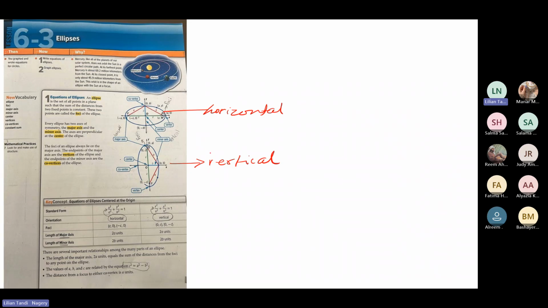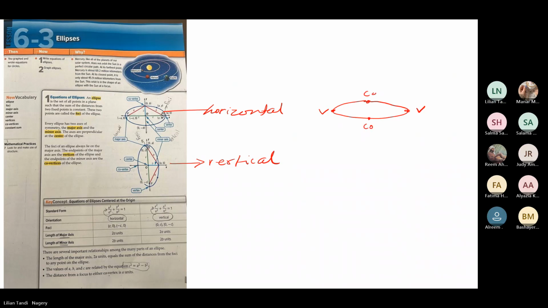Now, you know that the ellipse has a major axis and a minor axis. When it is horizontal, these are the vertices and these are the co-vertices.